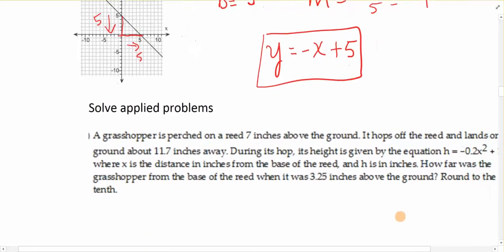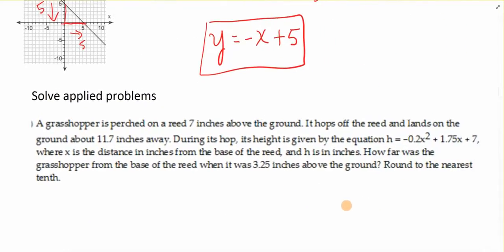All right, is this your very favorite thing in the world, solve applied problems, word problems? No. So we read this part, and now we're saying during its hop, its height is given by an equation.